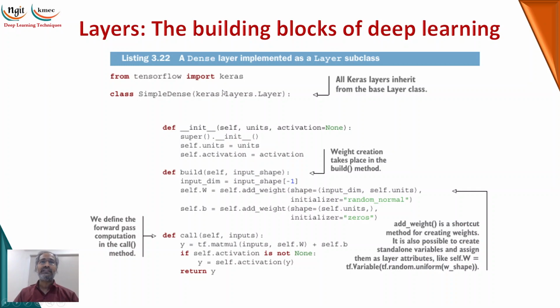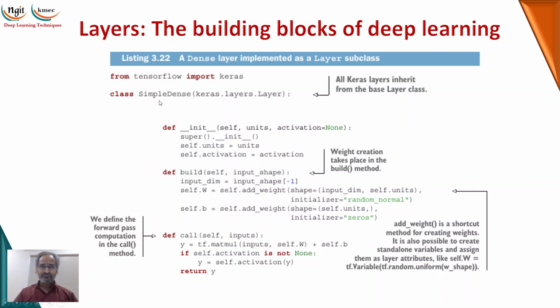In Keras there are many components, and one of the modules is layers. All the standard layers are available in the layers submodule, and inside that there is a basic Layer class. So we are deriving the new class, SimpleDense, from keras.layers.Layer. This is called overriding in Java or any object-oriented programming. We are overriding SimpleDense from keras.layers.Layer.